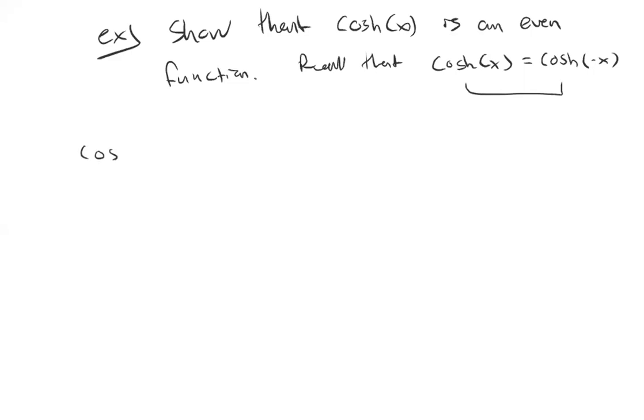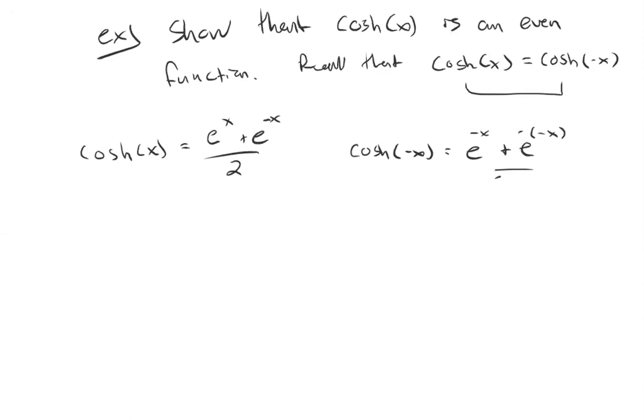So these are things that you should also have memorized. Cosh of x is e to the x plus e to the minus x over 2, right? And cosh of minus x is e to the minus x plus e to the x over 2.